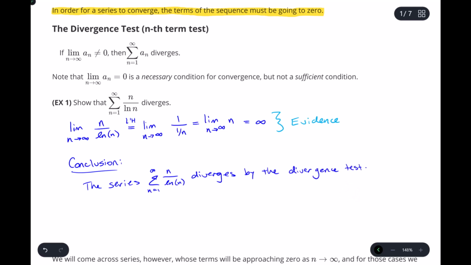All right, so stating that it diverges, that's the result. And then also we have the test used.